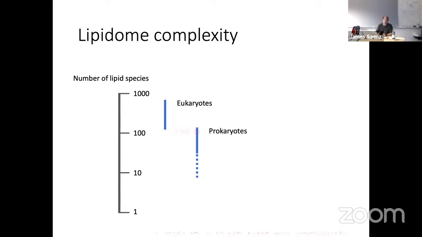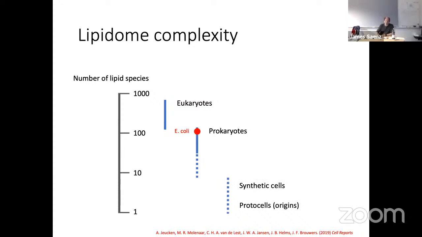There was a paper last year that showed that E. coli has just over 100 lipid species. So that's getting better, but still not as simple as we would ultimately hope to have a really nice experimental system. Then we can think about going really simple, synthetic cells, and maybe even thinking about ancient life and what sort of lipidomes might have been around when protocells emerged out of the primordial pools. Would it have been one lipid, three lipids? These are interesting questions.